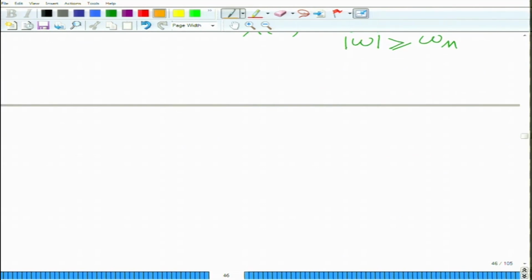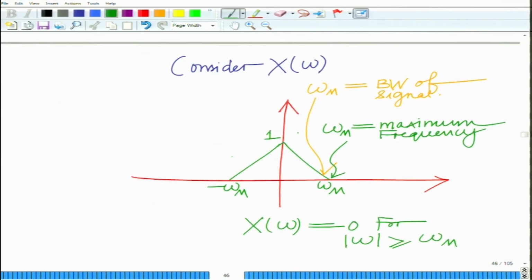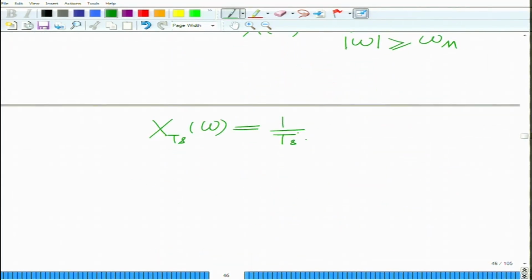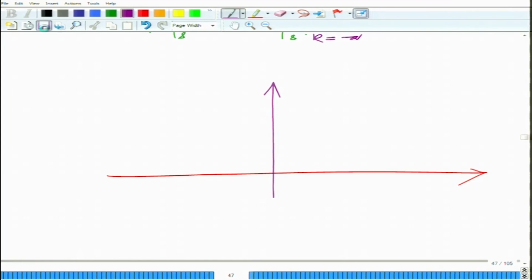Now consider the spectrum of the sampled signal, which is scaled by 1 over Ts. Let us say the original signal is scaled to unity. So this is 1 over Ts summation k equals minus infinity to infinity X of omega minus k omega s, which, as we said, consists of shifted replicas of the original signal.